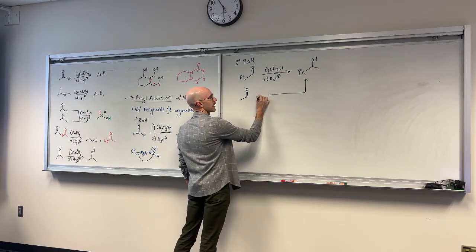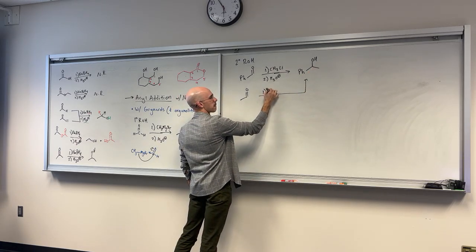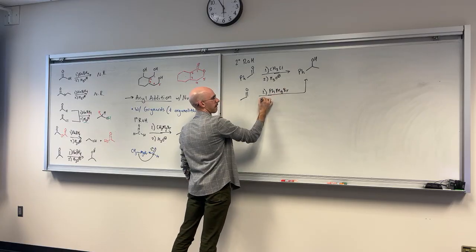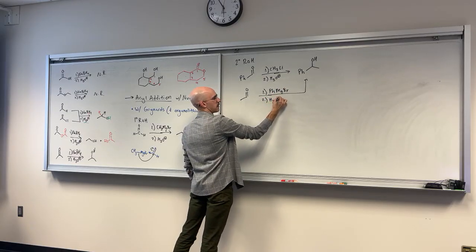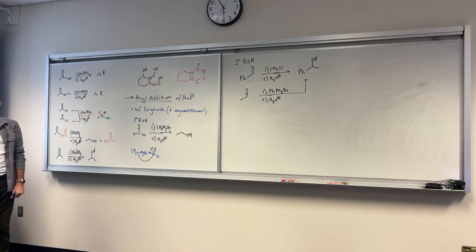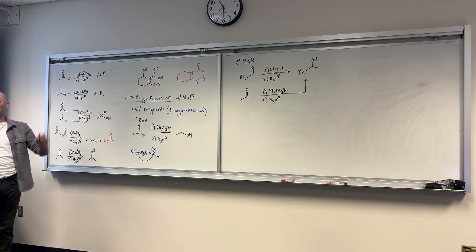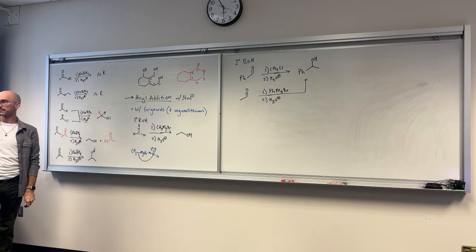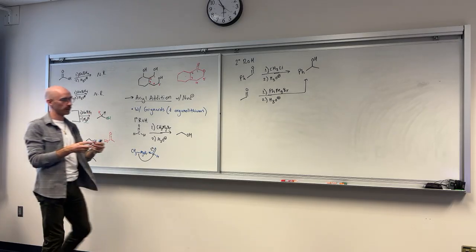And what I need to introduce is a phenyl organometallic. The benzene ring is bonded directly to the metal. If you have a secondary alcohol, you have two ways of synthesizing it using acyl addition. Two different carbon-carbon bonds.